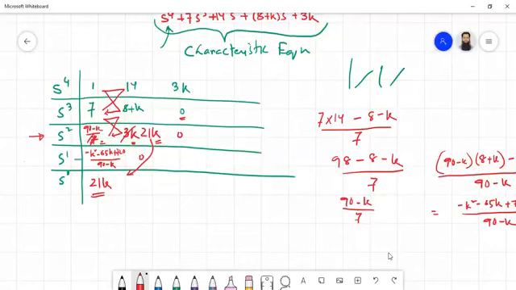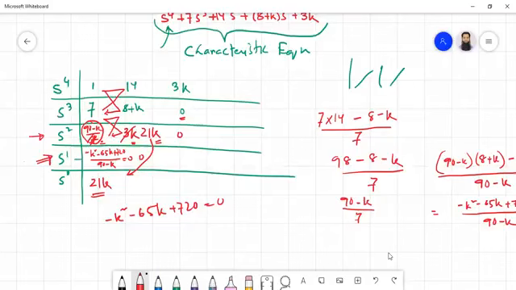But if you take k equal to 0, this column will not be 0. So the only possible thing for us is this one. If you make this one equal to 0, then what we are going to get is minus k square minus 65k plus 720 equals 0.